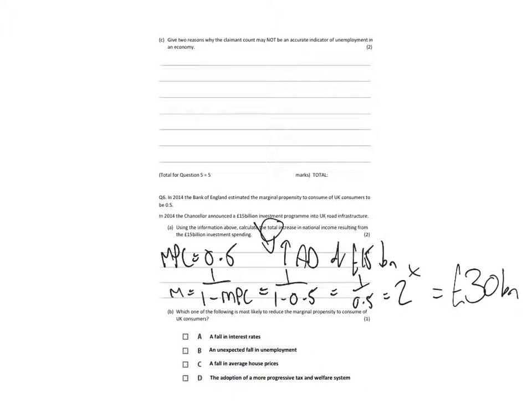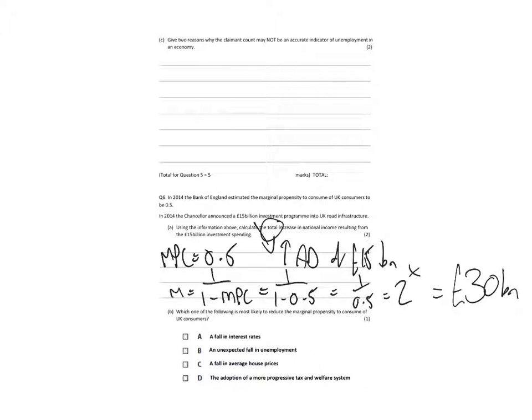In B, which of the following is likely to reduce the marginal propensity to consume? We're looking at factors that would dampen consumers' animal spirits, and would mean that for each extra pound they earn, less would go towards consumption. Falling interest rates wouldn't do that. Falling interest rates would make it less attractive to save money, so any additional income is less likely to be put towards savings because the return is lower, and more likely to go towards consumption.